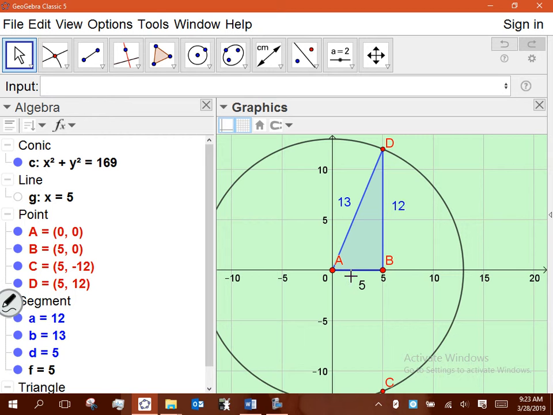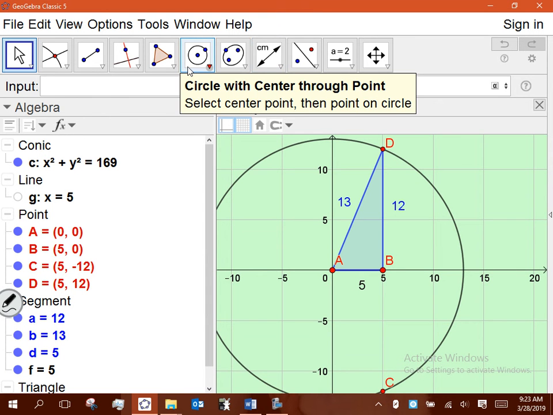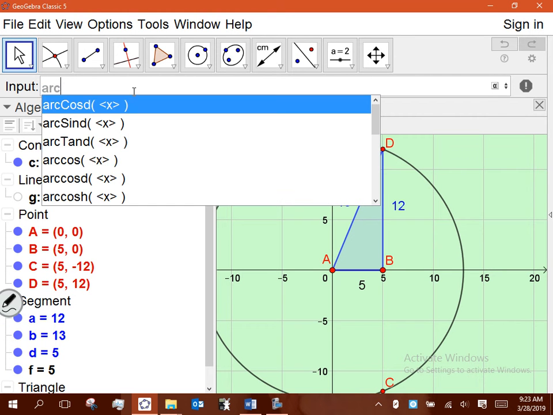Now, we can also use the algebra here. If this is 5/13, do you have the ability to find that angle right there? You would use what function? I want to find that angle. You'd use the inverses, right? I can go arc cosine.